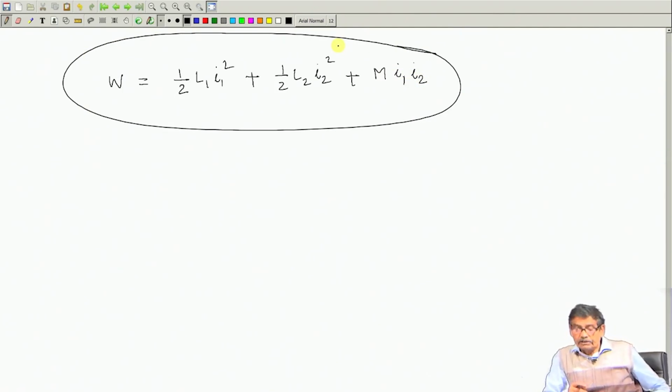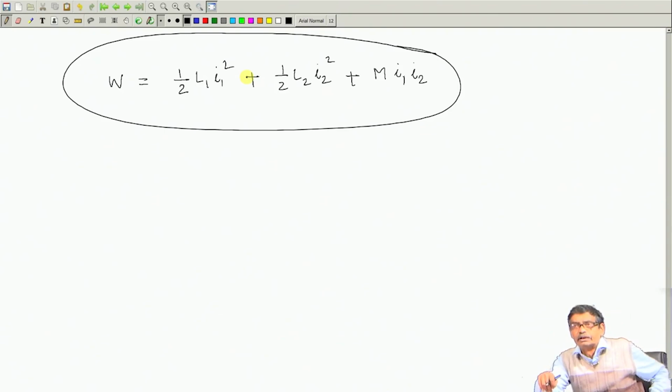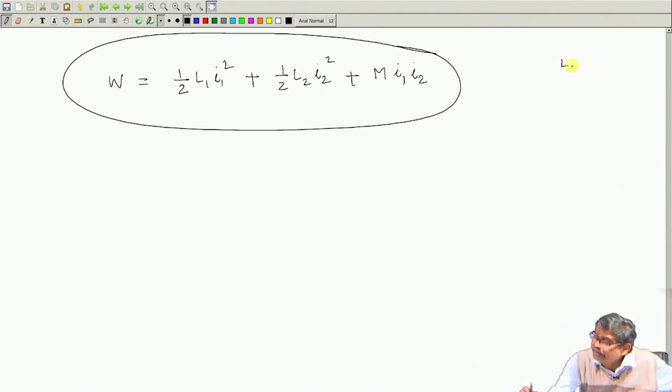Got the point? Because after all these are coils, lines of forces will be there, and this therefore will be the energy stored. In a single inductor L, half L I square, we did the same thing, voltage across the inductance, current flowing into it, and then L1 dI1/dt, in time dt, how much energy you are supplying, then you are integrating from 0 to I1.